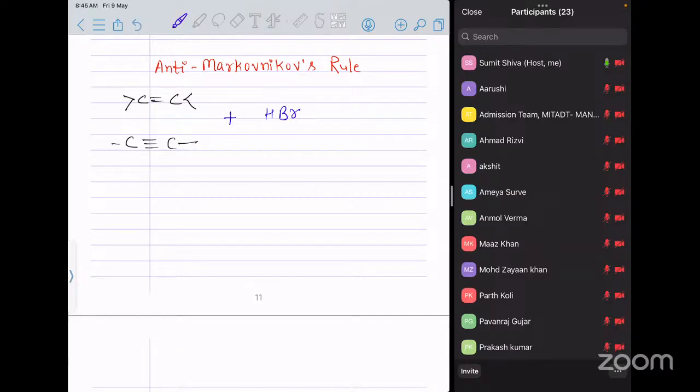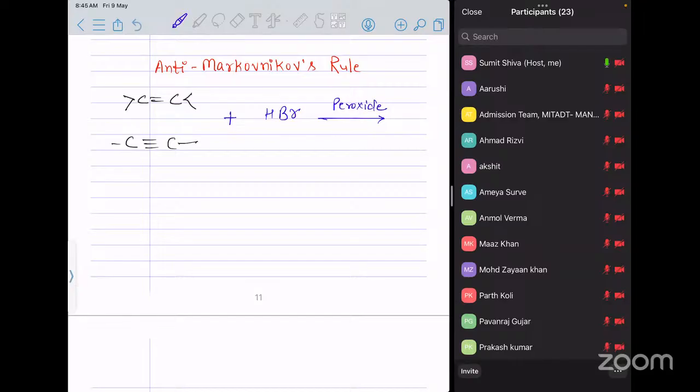And there is another condition: if you are taking only HBr, then the reaction will be according to Markovnikov rule. So you have to take peroxide along with HBr. Due to this peroxide, the reaction will proceed in a different manner. That's why we call it the anti-Markovnikov rule, because it is in the opposite sense of the Markovnikov rule.